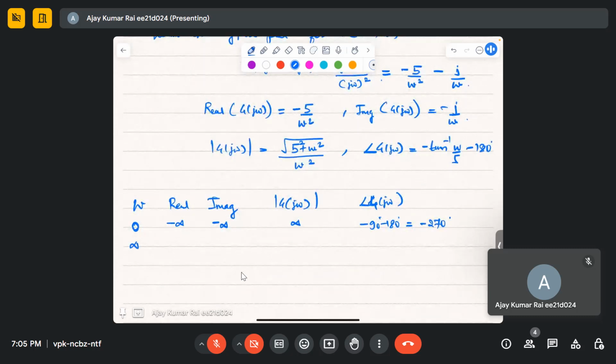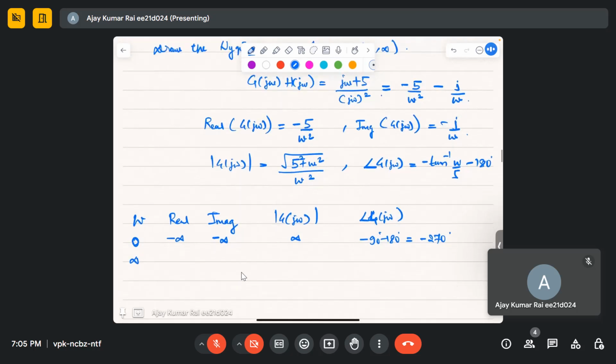Let's put omega equal to infinity, a very large value. So the real part will be equal to 0. And the imaginary part will also be 0, 0 plus 0. So what will you get for the magnitude if you put infinity? 0. And the angle, what you will get is tan inverse of omega by 5. If you put omega equal to infinity, what will you get? Okay, I think in the first I made some mistake.